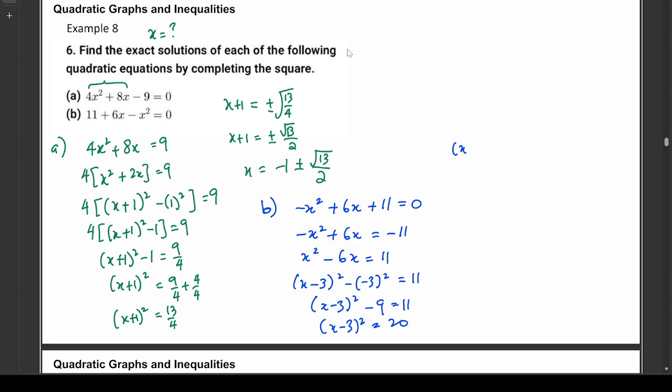This is going to be plus minus square root 20, right?